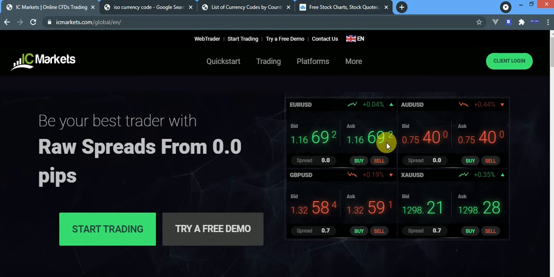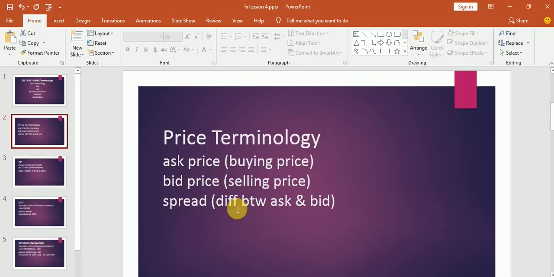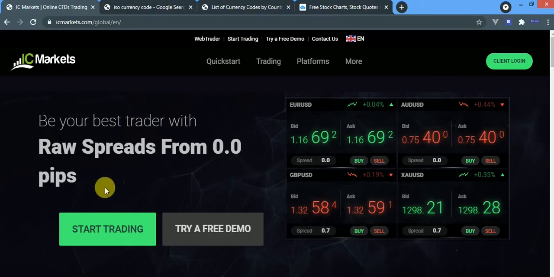You can see that they are selling and buying at the same rate, which is zero spread, because we say here that spread is the difference between the ask and the bid. And this is the reason why I chose IC Markets, because I can buy and sell immediately without losing any money.